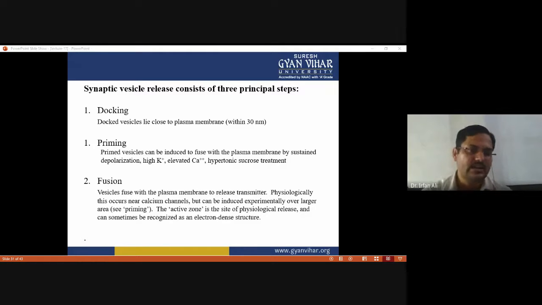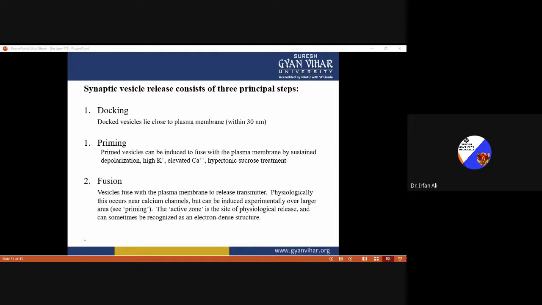And fusion, where the vesicles fuse with the plasma membrane to release neurotransmitter. Physiologically, this occurs near the calcium channel, but can be induced experimentally over a larger area. The active zone is the site of physiological release and can sometimes be recognized as an electron dense structure.